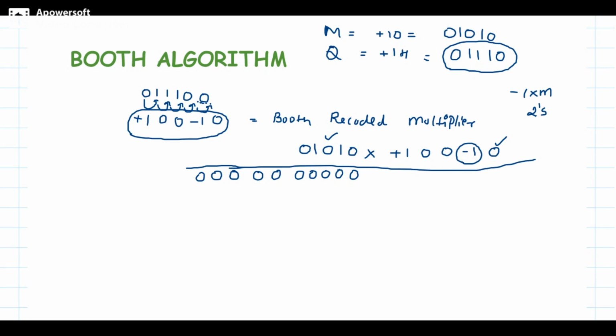So what is the value of m? M is nothing but 0 1 0 1 0. First take the 1's complement of this, 1 0 1 0 1, plus 1. That means 1 0 1 1 0. So this is nothing but minus 1 into m.